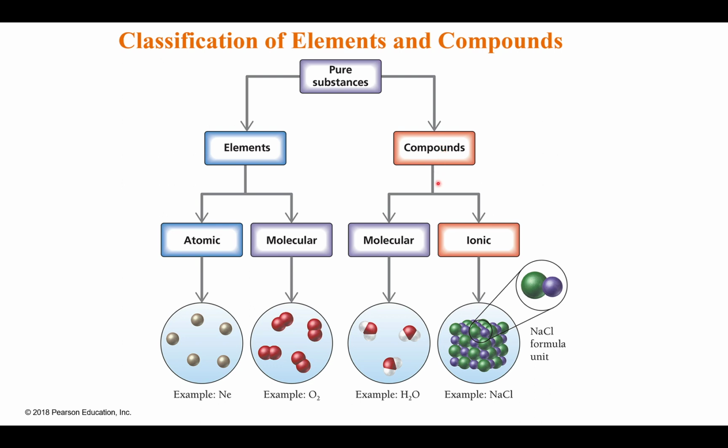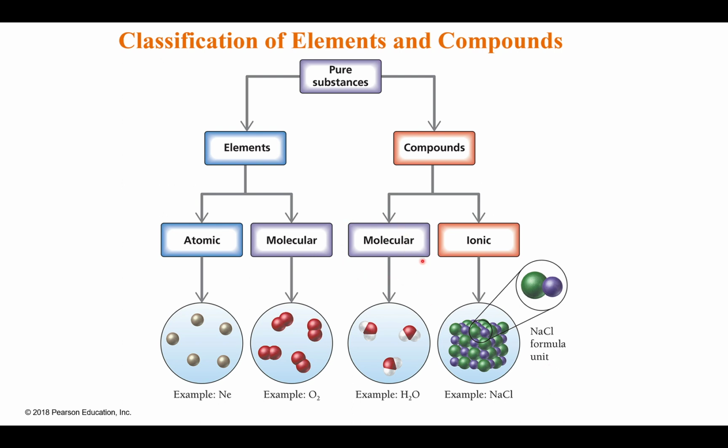Now, on the other hand, when we come to compounds, compounds can be further subclassified into either molecular or ionic. And that would be based on the makeup of the compound. If the compound is made out of cation and anion, then it's ionic, such as sodium chloride, NaCl.